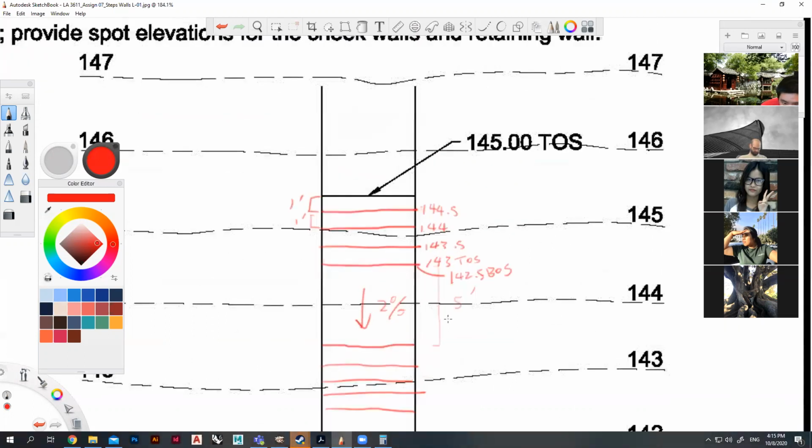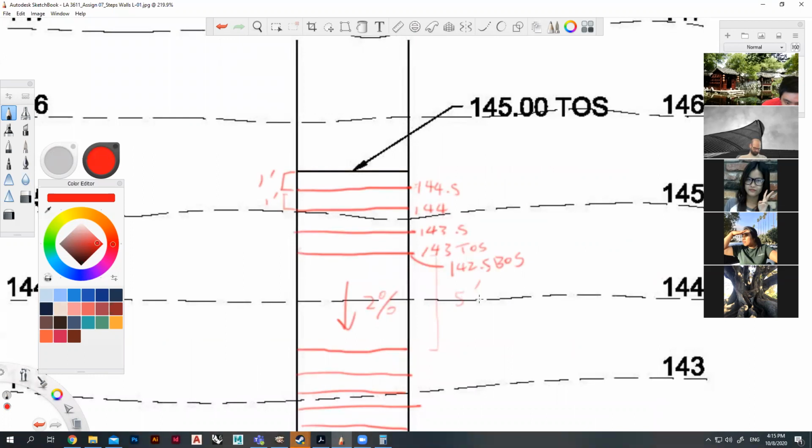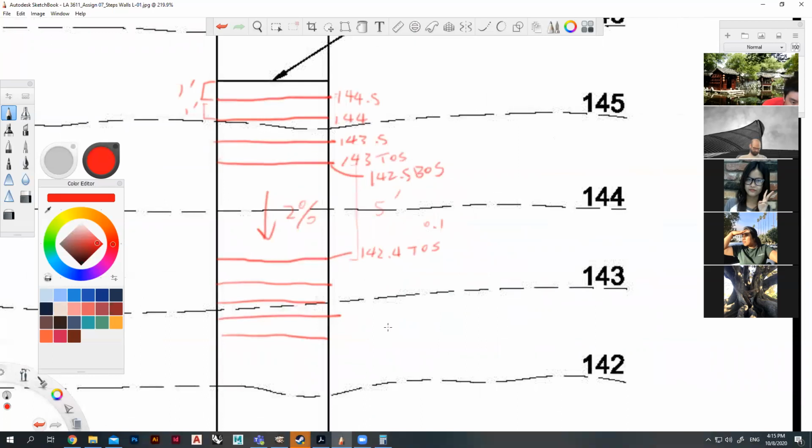With 2% and 5 feet, we can do the calculation and find out that the DE is 0.1. And so we subtract that from the bottom of stairs on the top, so we get 142.4 as top of stair. And then we just continue with that.